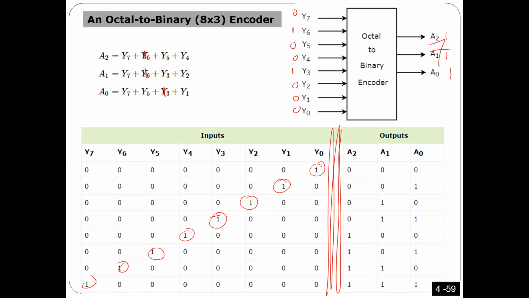To fix this problem, I'm going to redesign the encoder with a new, very interesting concept: priority. I'm going to assume the input with the higher number has higher priority. Let me summarize. If one input is 1 and all the other inputs are zeros, we don't have a problem.